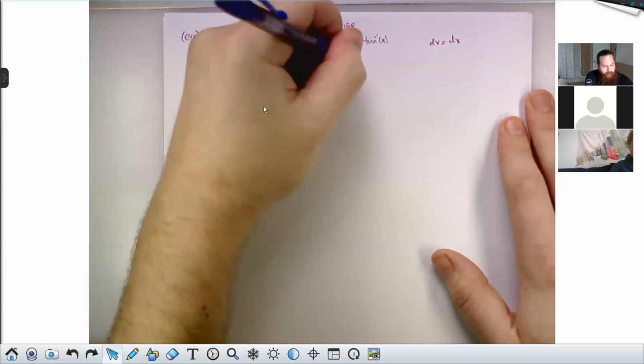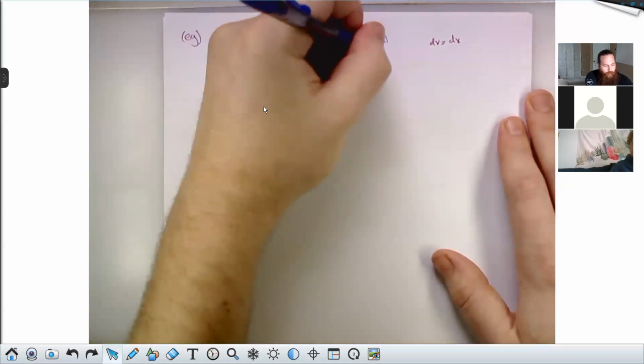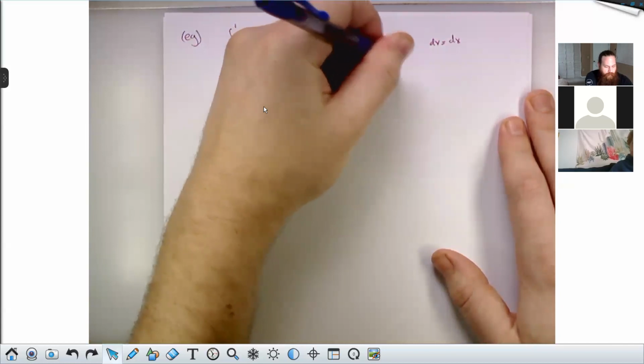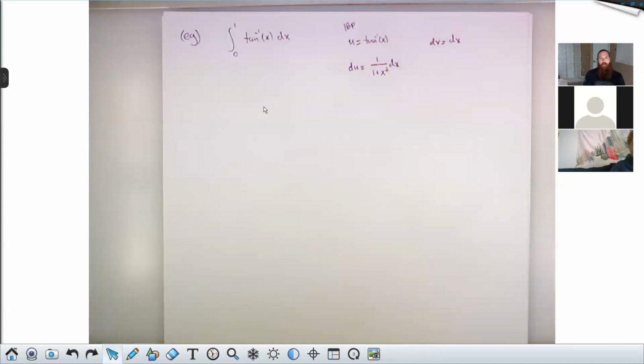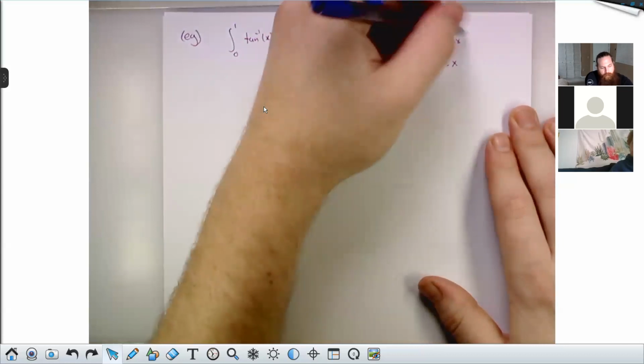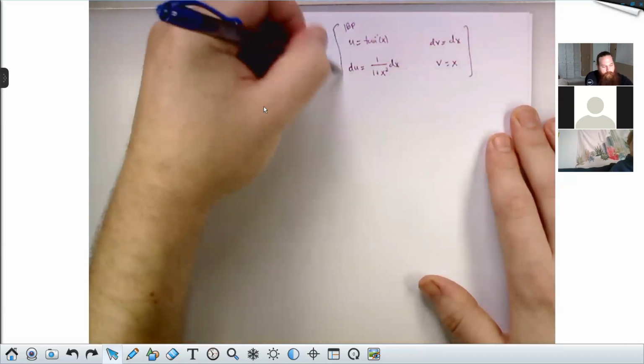This means that du has to be 1 over 1 plus x squared dx, because that's the derivative of the arctan function. And v, we integrate on both sides, v has to just be x, because the integral of dx is just x.